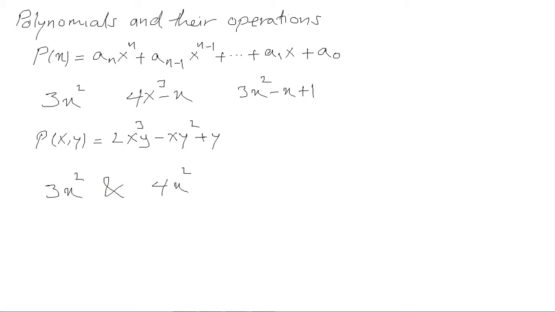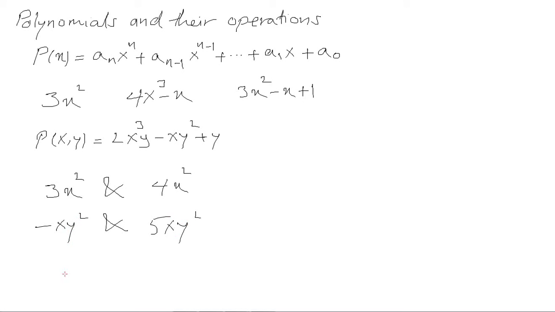Another example, negative x y squared and 5x y squared. These are also like terms because you have x and you have y squared. So the coefficient negative 1 here and 5 here doesn't matter. These two are still like terms.